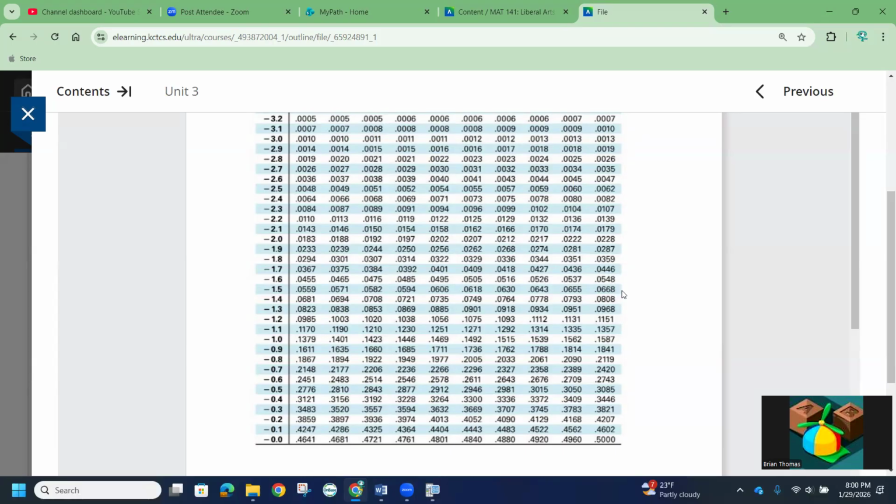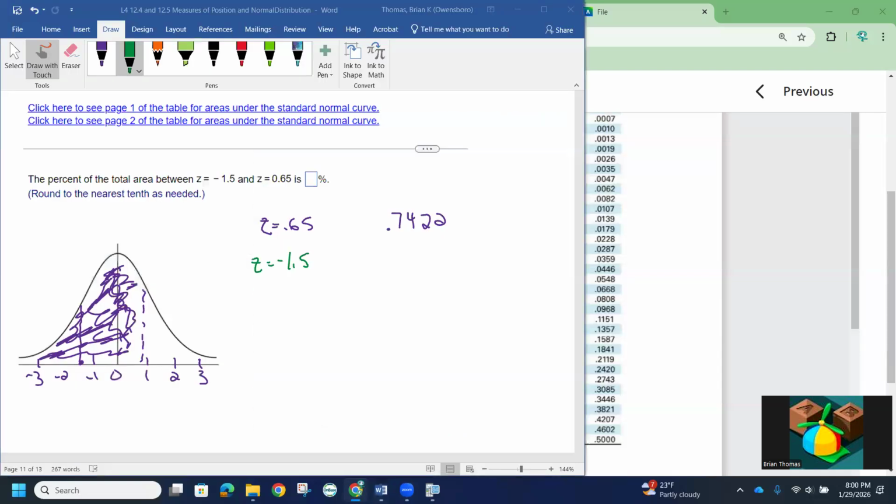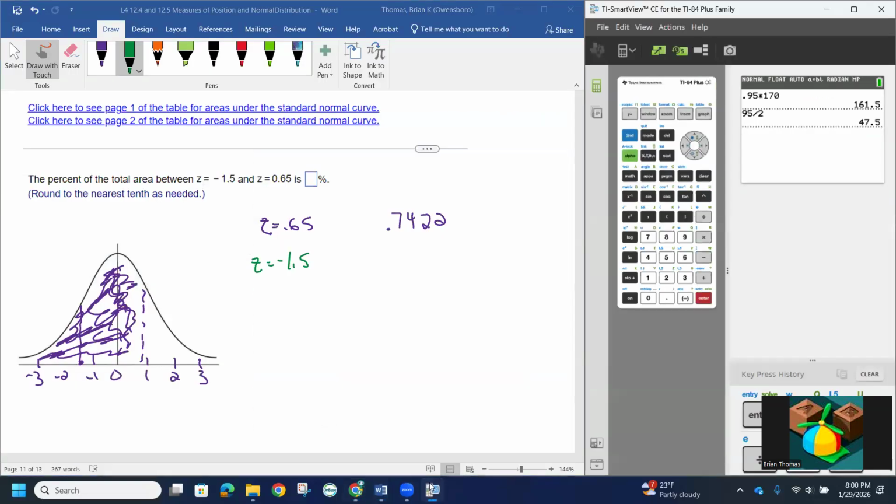0.0668. That area represents the part to the left of negative 1.5, but they only want the area in between. So if I remove this section, which is this 0.0668, that gives me the area between these two values.